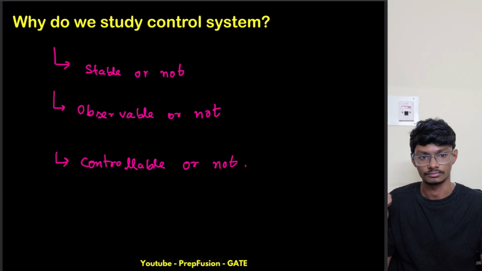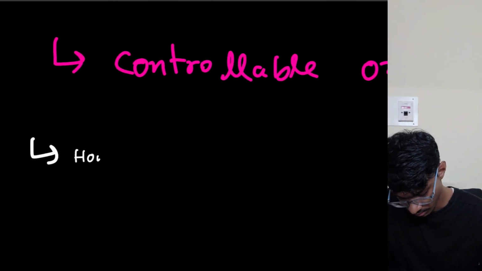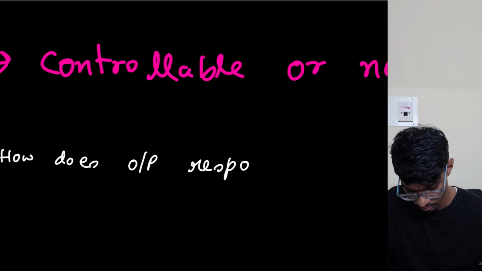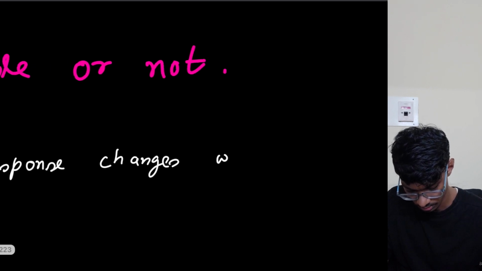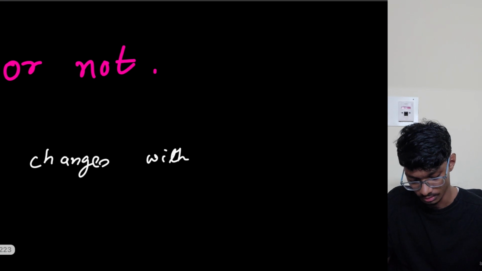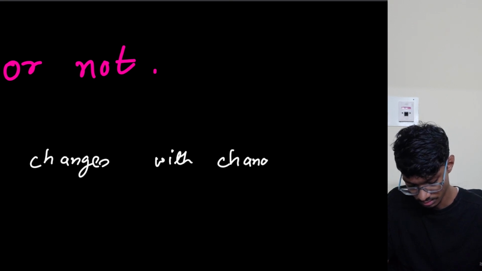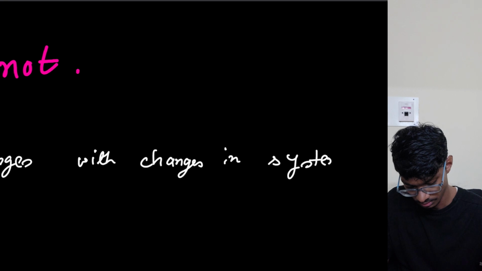Okay, also, how does the output response change with changes in the system? Let me write this down: how does the output response change with changes in the system, right?